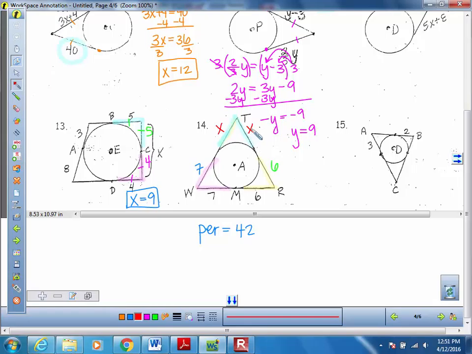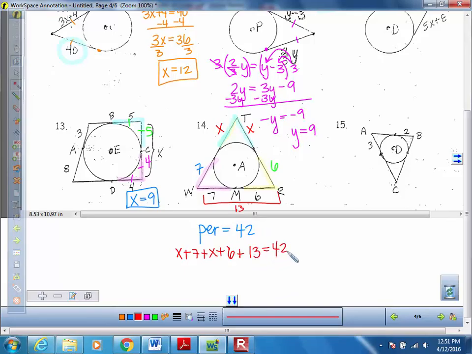And how do you find the perimeter of something? You add all the sides. So we would do x plus 7 plus x plus 6 plus, I know this whole bottom piece is 13, plus 13 equals 42.